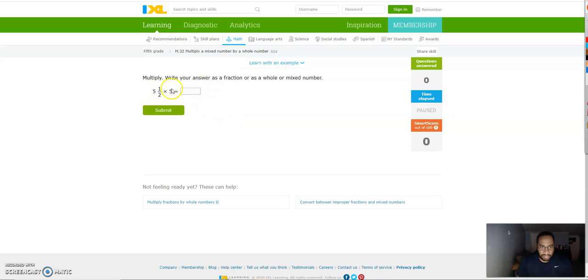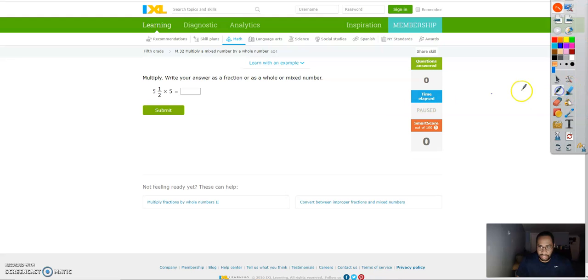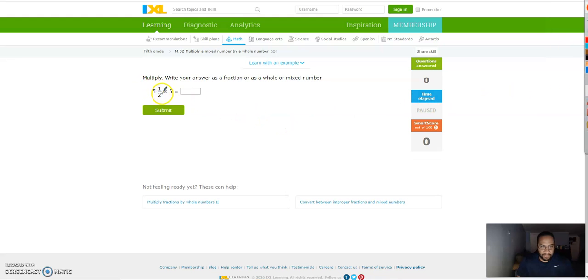So it says, write your answer as a fraction or as a whole or mixed number. It says 5 1/2 times 5. So let's do this. First things first. What do we do with that 5 1/2? Let's see who I can call on.